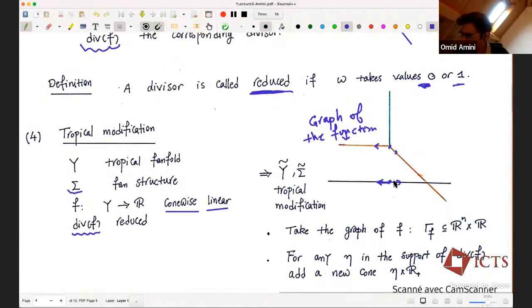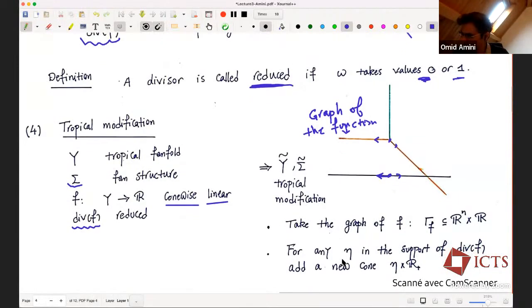So then what you do is that every time you have eta which is in the support of the divisor of f, you can see that the graph of the function fails to be balanced on eta. But the only thing you need to do in order to make the corresponding graph balanced is to add eta times R plus.